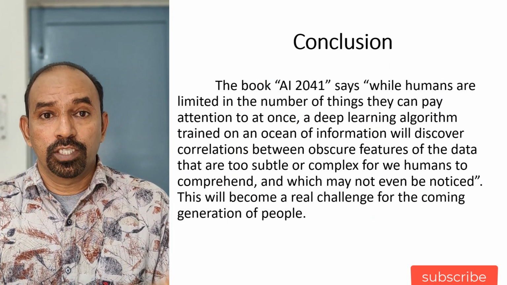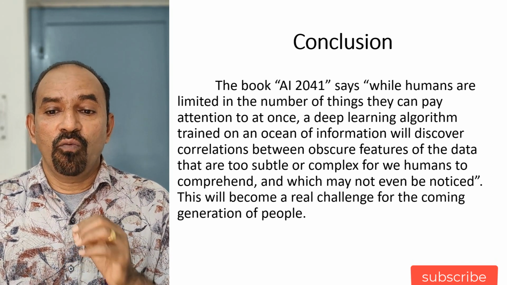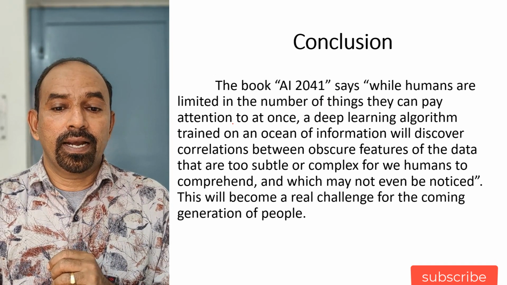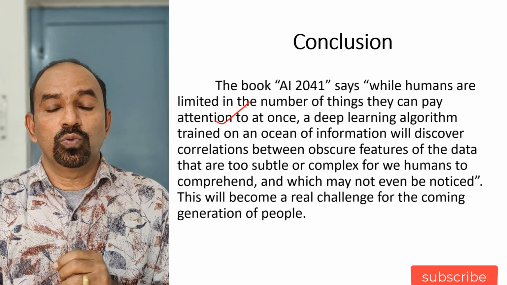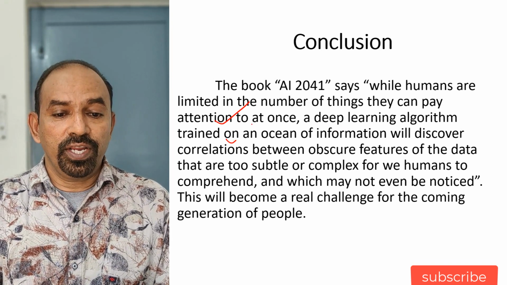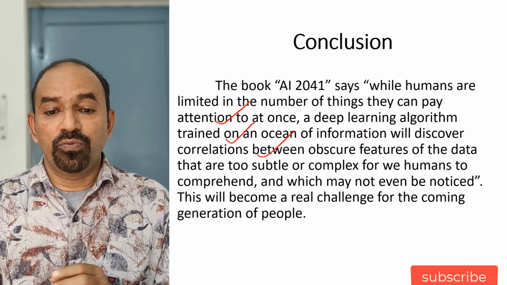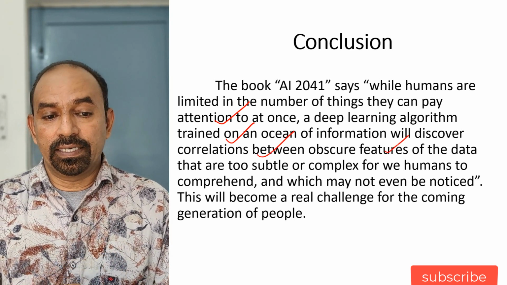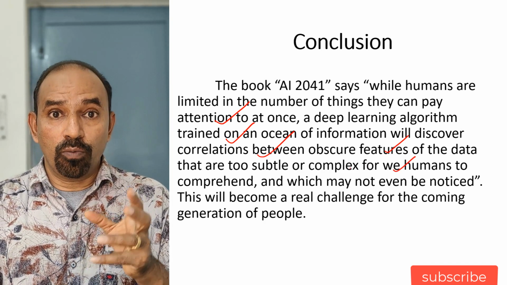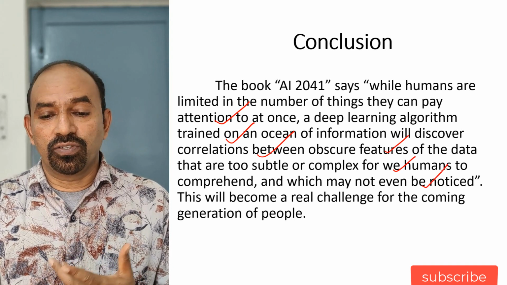Conclusion. The book AI 2041 says, while humans are limited in the number of things they can pay attention to at once, a deep learning algorithm trained on an ocean of information will discover correlations between obscure features of the data that are too subtle or complex for we humans to comprehend, and which may not even be noticed.